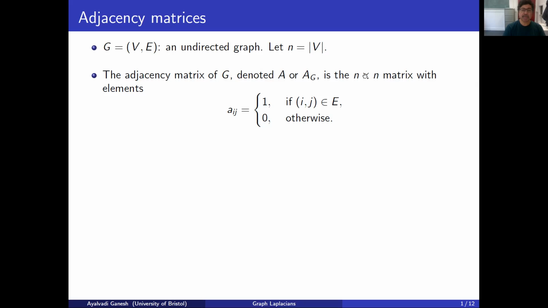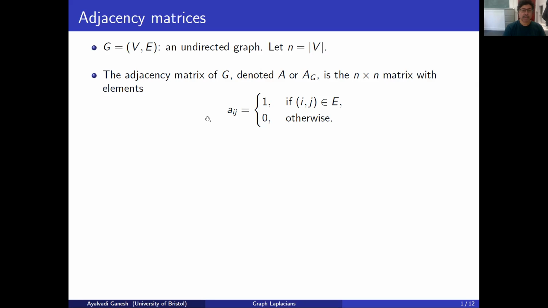So if there are n vertices, then this is a square matrix, an n by n matrix. And its element, the ijth element, is 1 if there's an edge between vertex i and vertex j, and it's 0 otherwise.